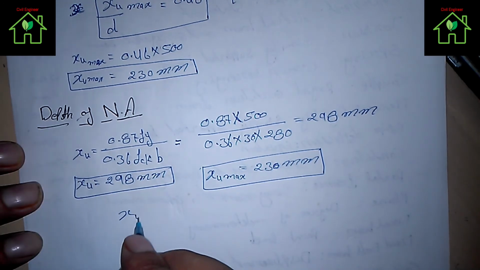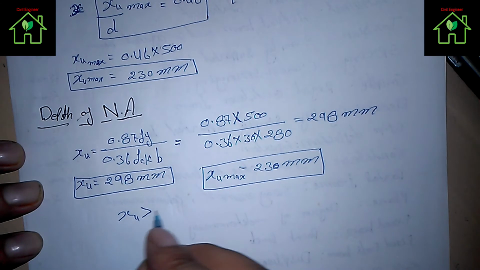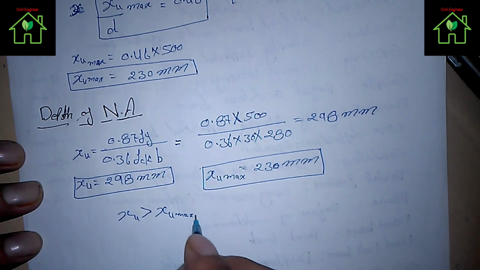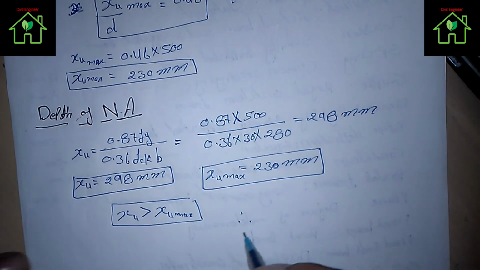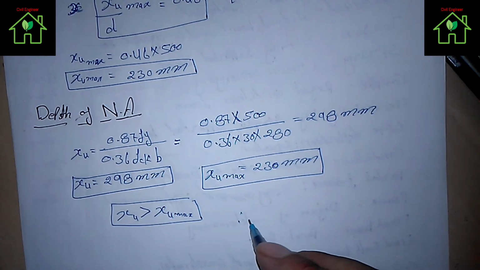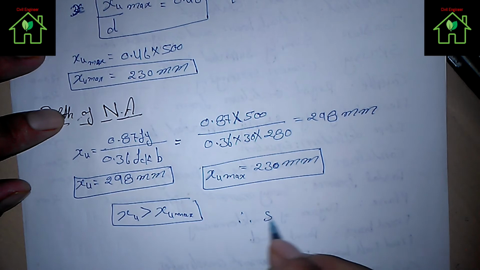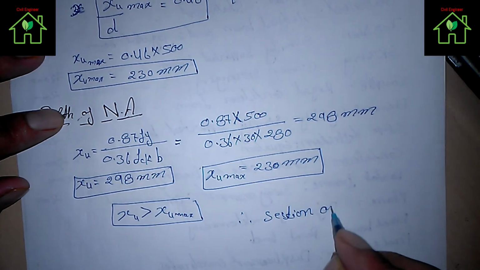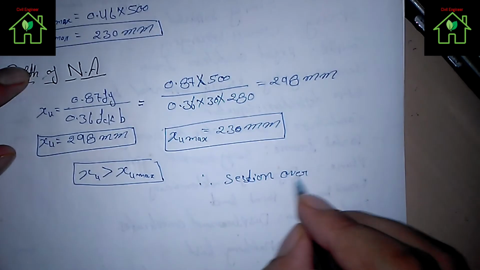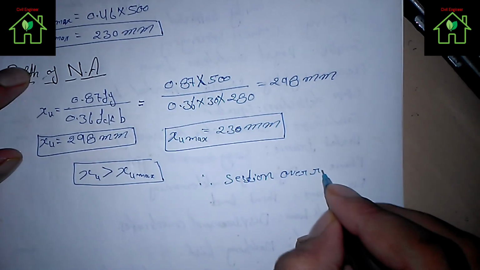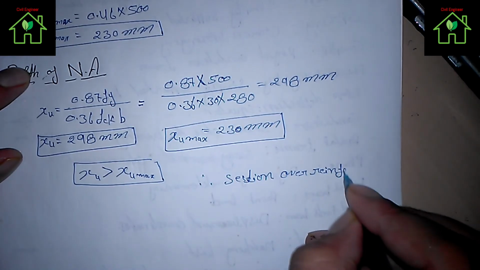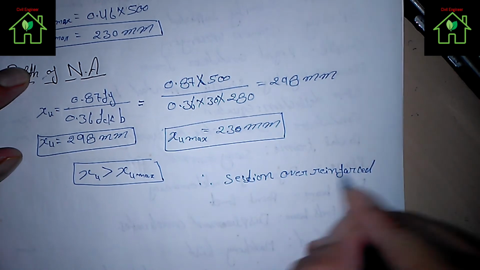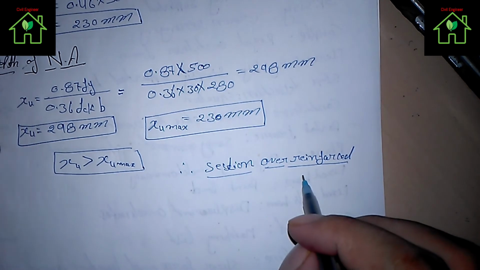So here Xu is greater than Xu max. So this section is over reinforced. This section will be over reinforced.